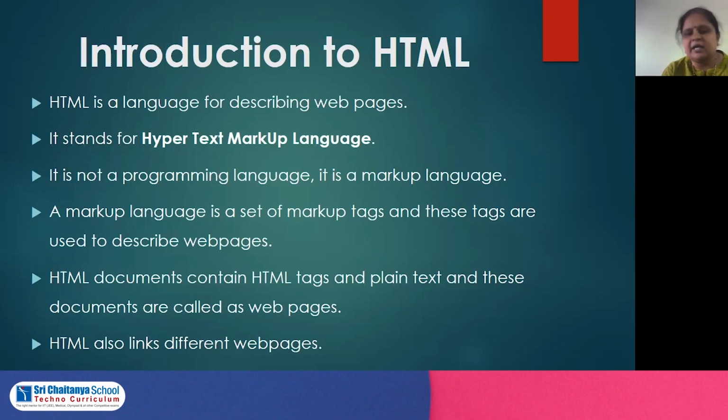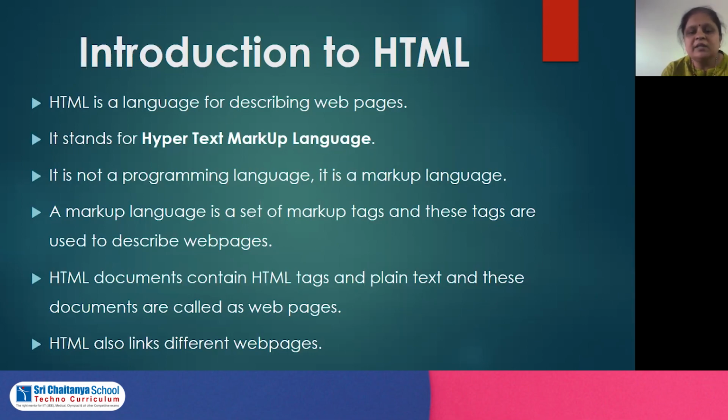An HTML document contains HTML tags and plain text, and these documents are called web pages. You have already learned what the internet is, what a website is, what web pages are, right?